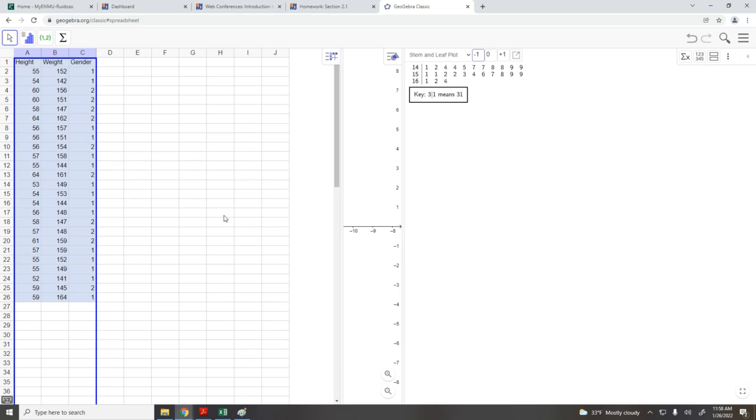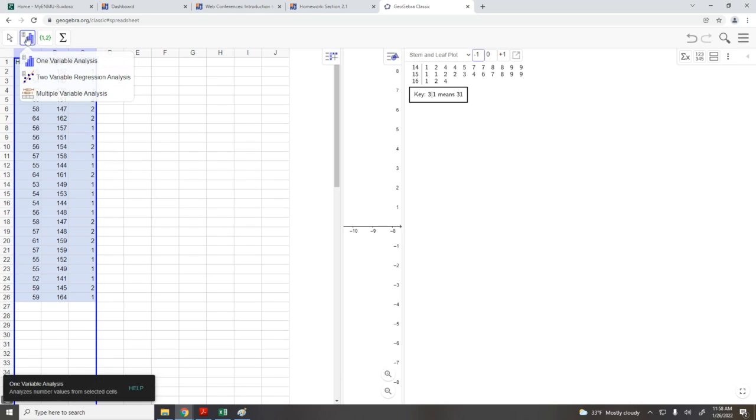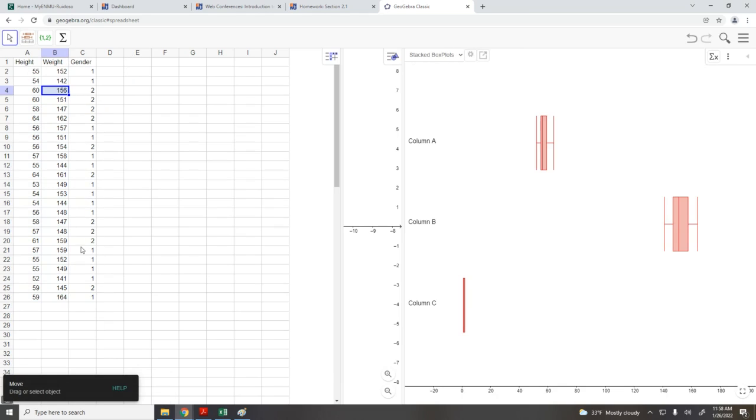I would want you to select all of this and go to this one variable analysis, this bar chart like thing, and go for multivariable analysis, since we are talking about 3 different variables: height, weight, and gender. This is how the graph looks.